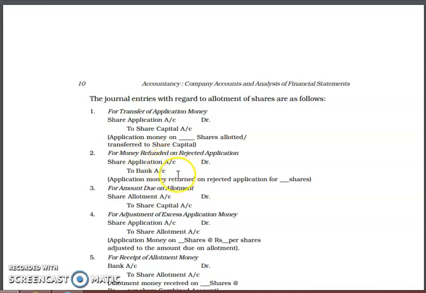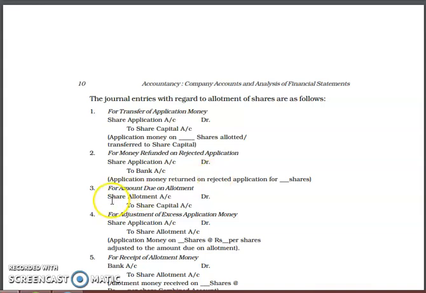The next entry is for return of rejected application money. It can be a rejection or a refund, so you need to pay back the money to the subscribers or the applicants. That is Share application account debit to Bank, being return of application money of rejected applications.